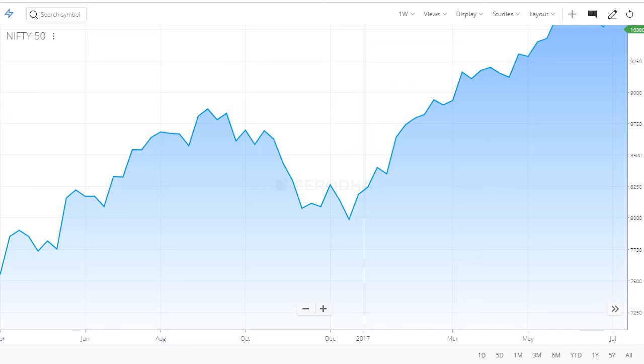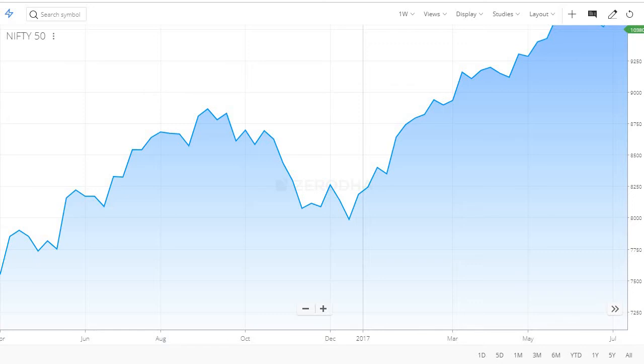In TradingView you have many facilities. I'll just write the name here for your convenience: TradingView. In tradingview.com you can check for the software, or you can use the charting software provided to you by your broker.